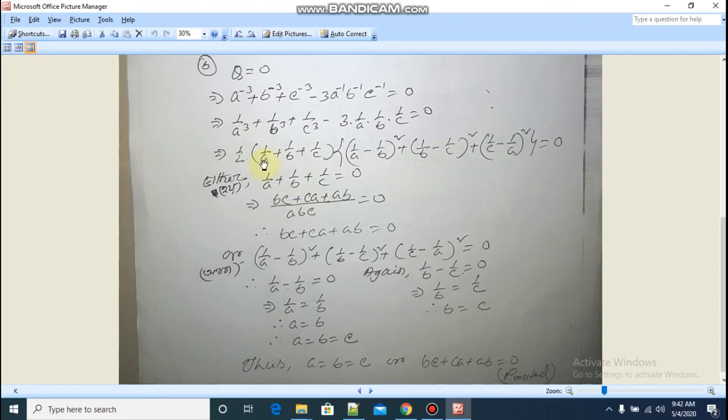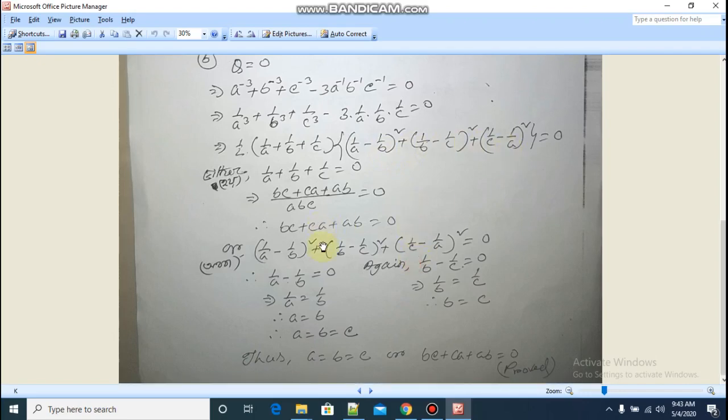Now we can write either this equals 0 or this equals 0. Either this equals 0, after LCM we can write this fraction equals 0, then this numerator equals 0. This is the rule: if a fraction equals 0, then its numerator equals 0. Or this is equal to 0.